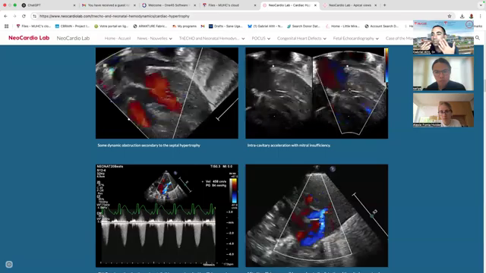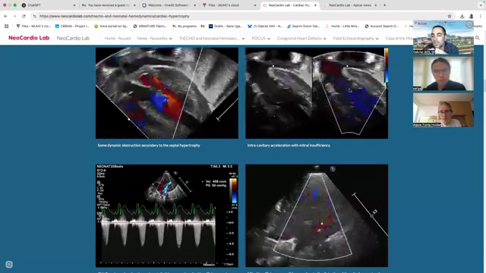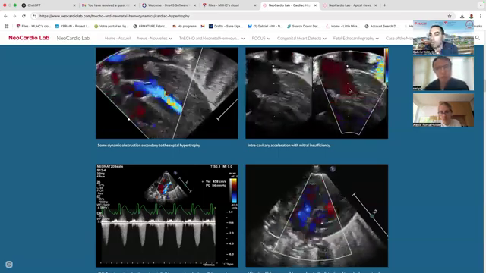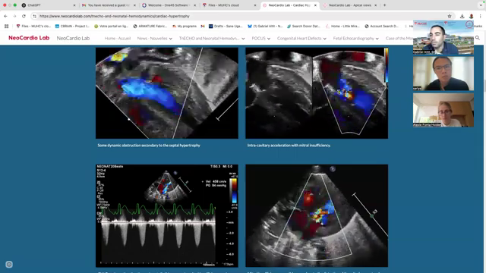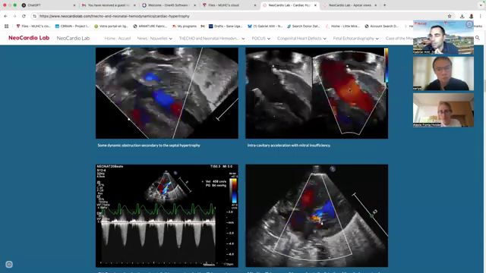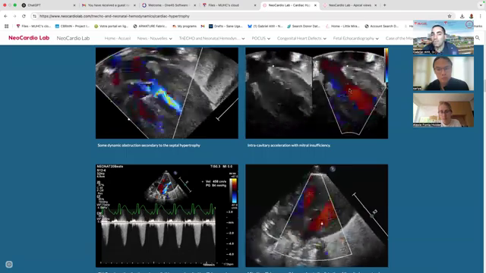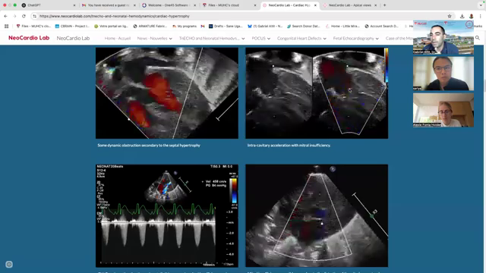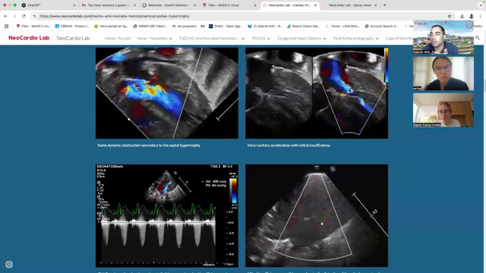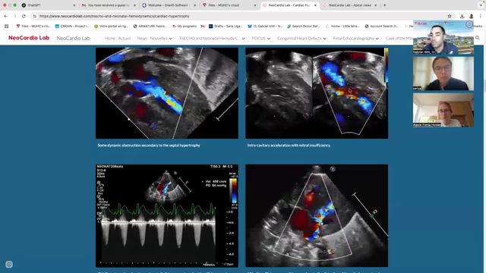So the LV generated the equivalent of 100 millimeters of mercury more to be able to eject through this outflow tract obstruction, basically. Does that make sense? So often, if there is MR, we'll try to get the MR to see how much pressure there is inside the LV.